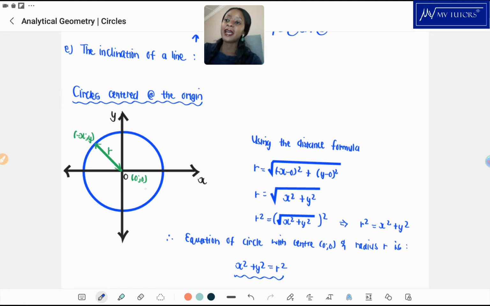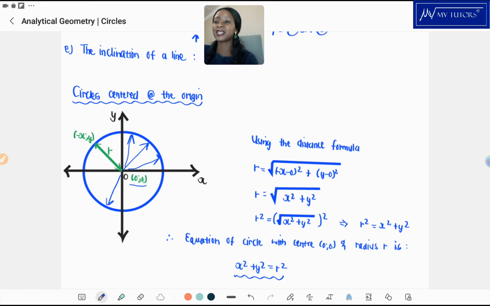At the center of the circle, where your coordinates are 0 and 0, you'll have your radius. The radius of a circle is always the same, so it doesn't matter whether you have a radius in the second quadrant or the first quadrant. They're all going to be the same.